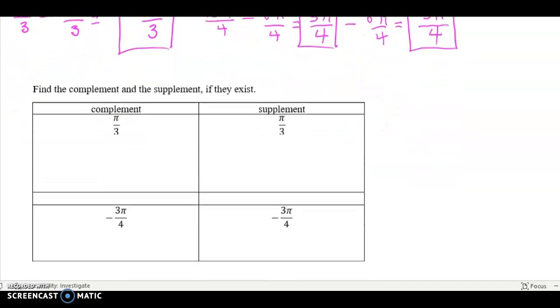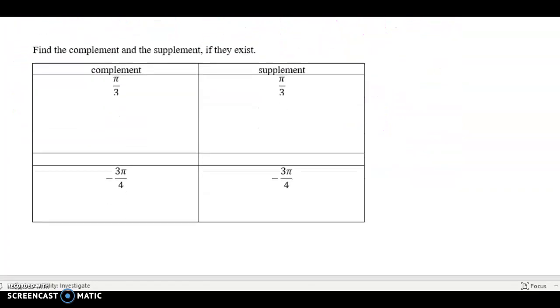The last thing we're going to do is find the complement and the supplement. So to find a complement, I know when it was degrees, it was easy. But when you were finding a complement, you're taking 90, which is pi over 2 in radians, because pi is 180. 180 divided by 2 is 90. So we're going to take 90 minus our angle, and that will help us find the complement.